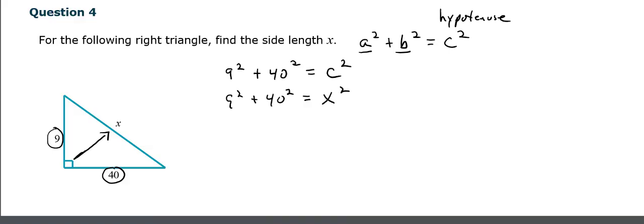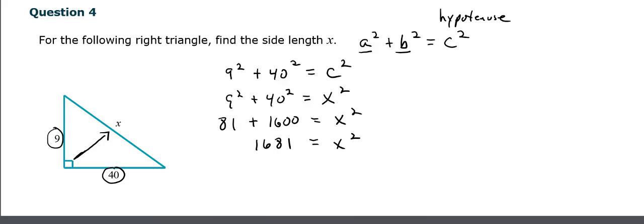So what we're going to do is square 9. 9 times 9 is 81, plus we're going to square 40. 40 squared is 1600. And when we add those together, we get 1681 equals x squared.